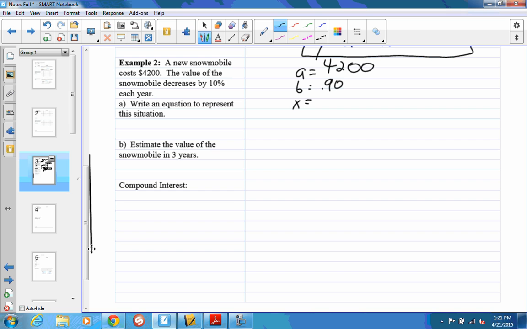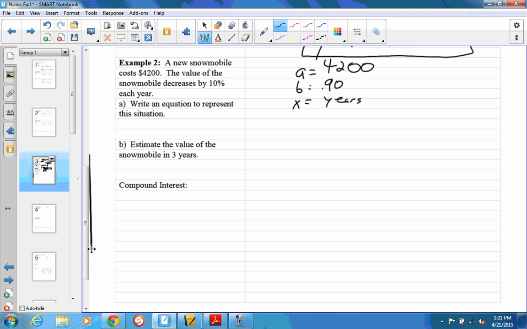Because if you multiply by 0.10, you're going to get a tiny number, like $4.20. You need to multiply by 0.9. So X, guys, X is just years.